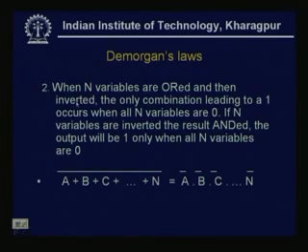And the rule says that n variables are ORed and then inverted, and if n variables are inverted, the result is ANDed, the output will be 1 only when all n variables are 0. Okay. Later first we explain this term.